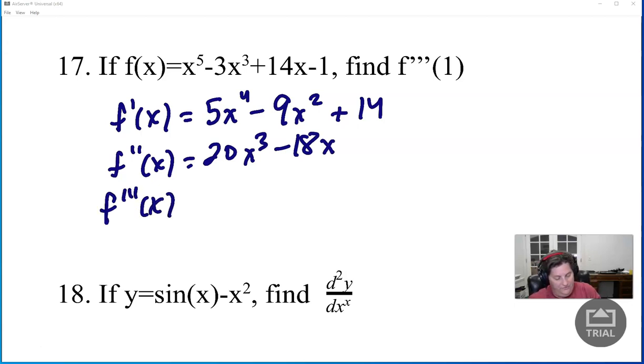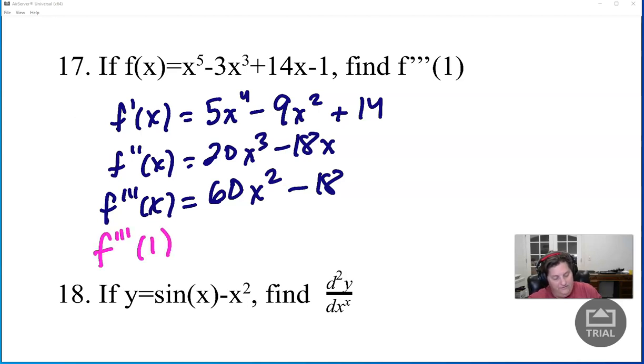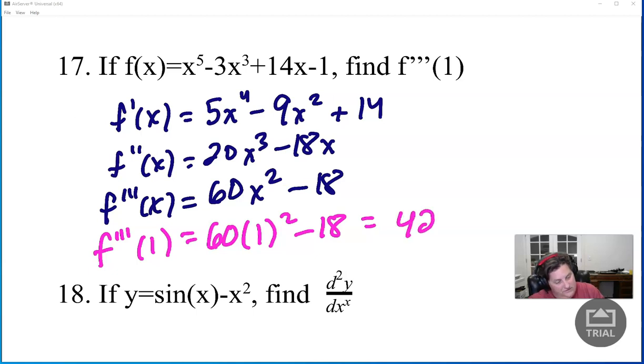And then my third derivative is 60x squared minus 18. So what I'm trying to do now is the third derivative at 1. Okay, so I'm just going to plug in 1. 60 times 1 squared minus 18. 60 minus 18 is 42.